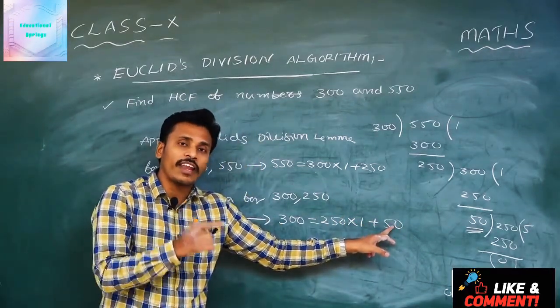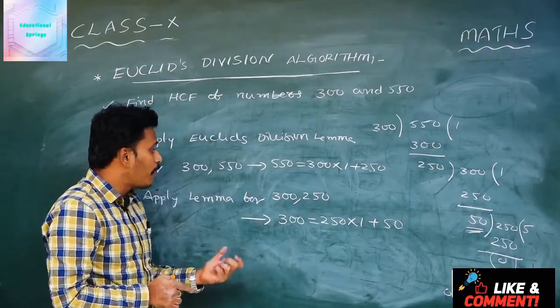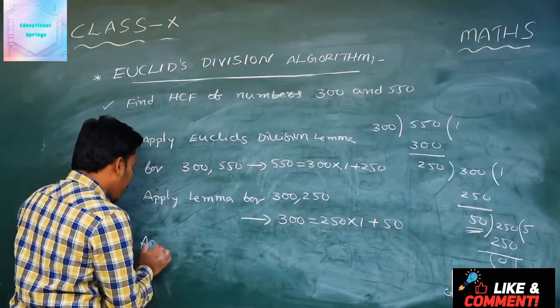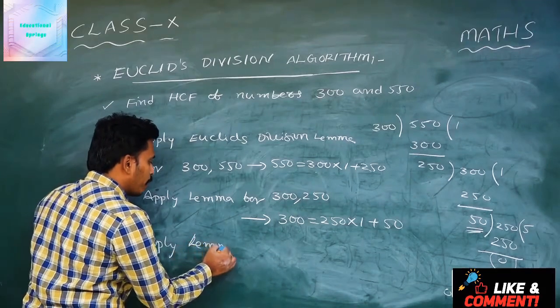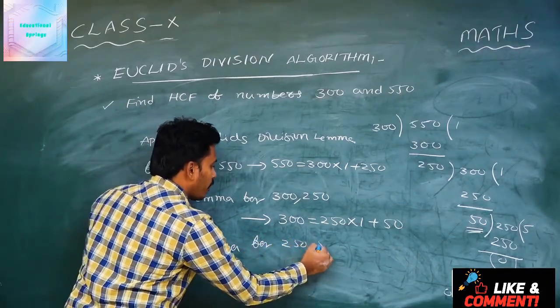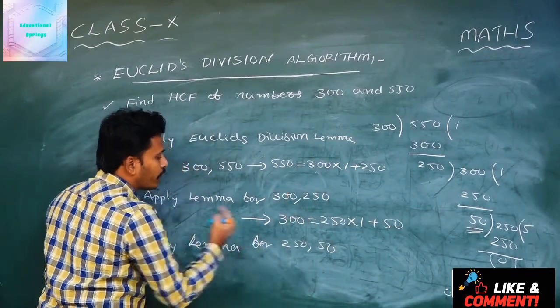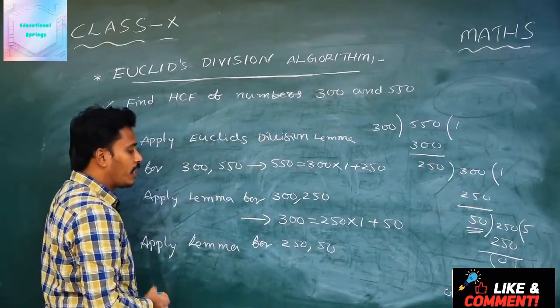Then we need to apply the lemma once again. In the last case, you need to apply the lemma for the numbers 250 and 50. This 250, the divisor of the second case, will become the dividend for the third case. 50, the remainder of the second case, will become the divisor of the third case.